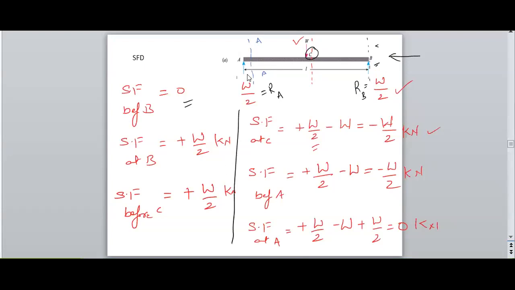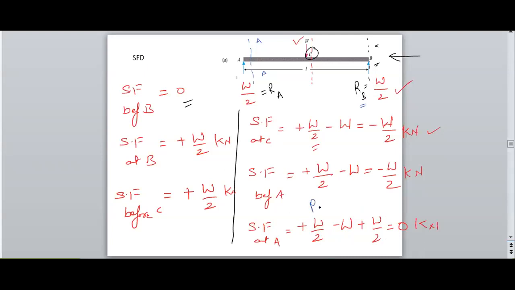Next, the section at A. I need to move the section at A. Therefore, I am getting W by 2, a positive value, that is nothing but RB value, and next minus W, and a positive W by 2, which is nothing but RA value.